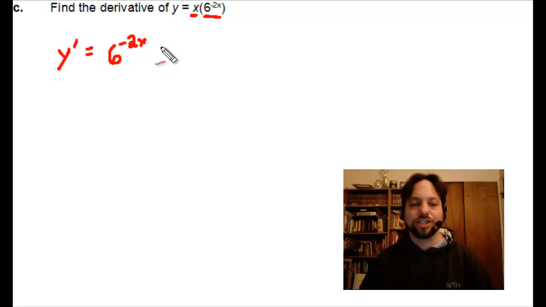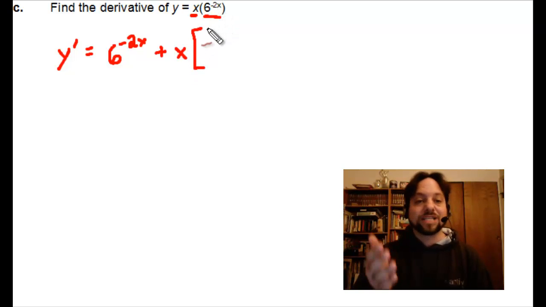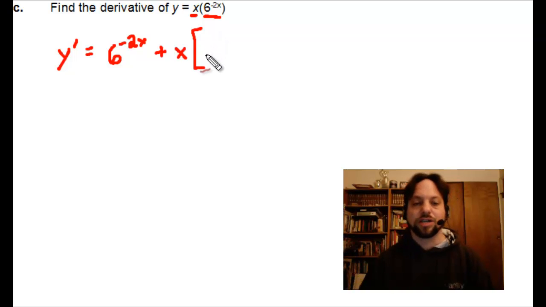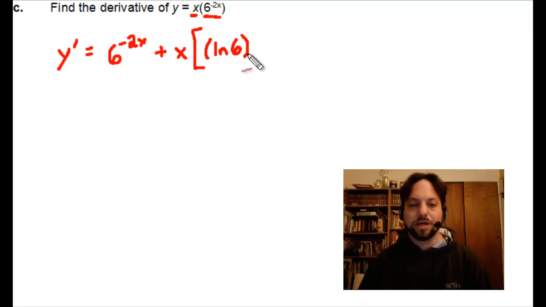And then if we want to differentiate the second part, so we'll keep the x, but the derivative of 6 to the negative 2x power, well, that's going to use what we just learned just a few seconds ago. So let's go ahead and start by doing the natural log of our base multiplied by our original function, 6 to the negative 2x.